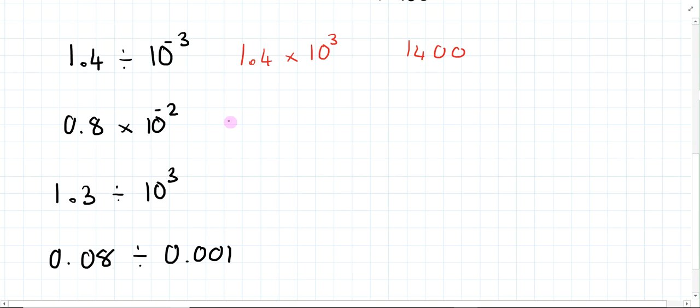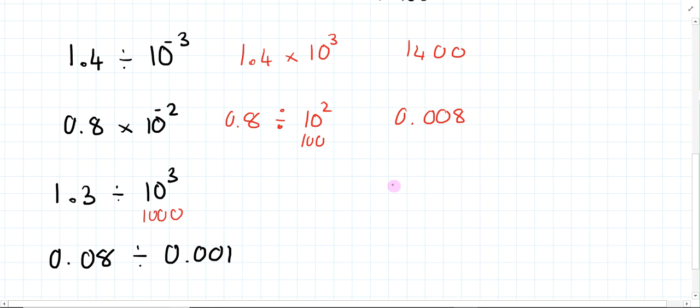This one is the same as 0.8 divided by 10 squared, which is divided by 100. So that should be 0.008. This one is just as it is, 1.3 divided by 1,000.